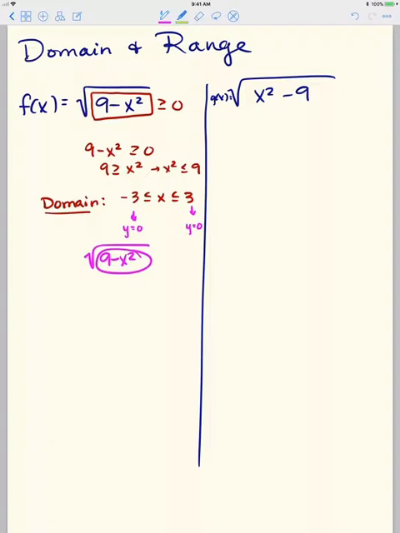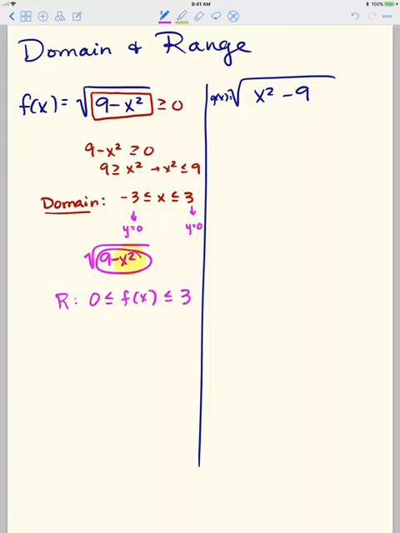So in reality, the smallest that x squared could be in this range is 0, in order to give the largest number under the radical. And when you put a 0 in there, you get the square root of 9, which is 3. And so the range for this problem ends up being every number in between 0 and 3.